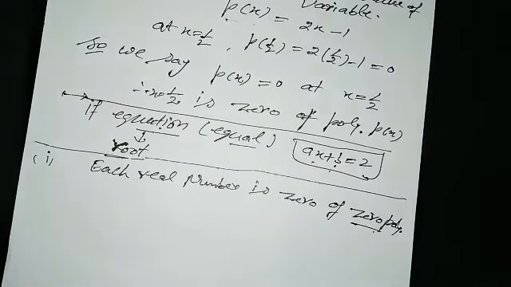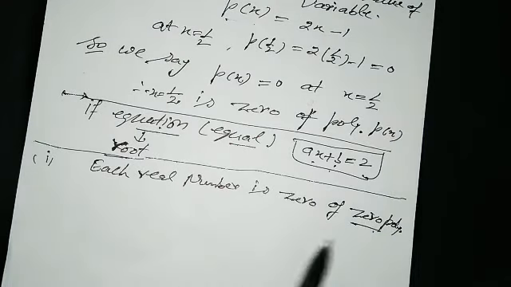We have discussed what is zero polynomial. So if you have to find a zero of a zero polynomial, then any number you can give, means every real number is zero of the zero polynomial.